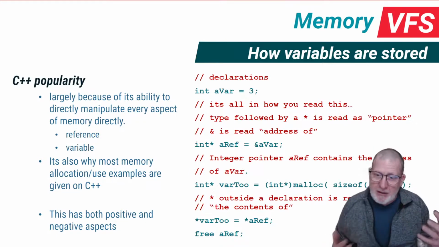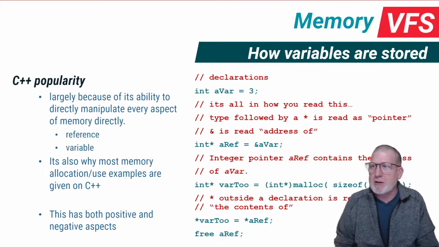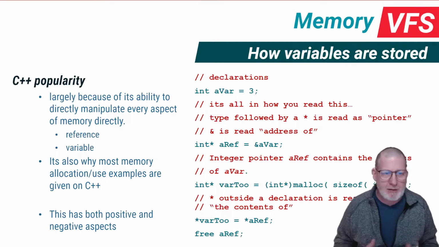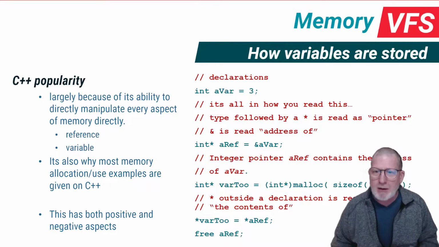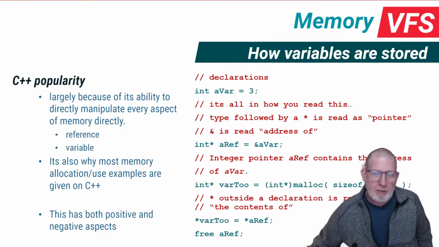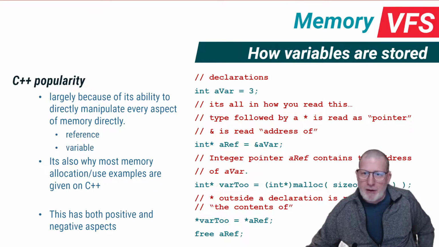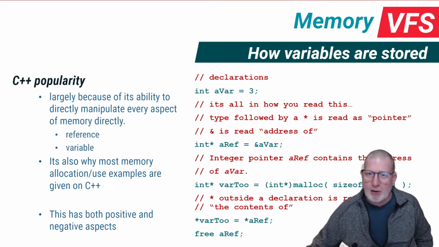So I threw this in there for these kinds of reasons. When we talk about declaring variables, and this is very C++ specific, the way you read them should fit together. So if I declare an integer called a variable and set it to the value 3, that's just a normal variable declaration.